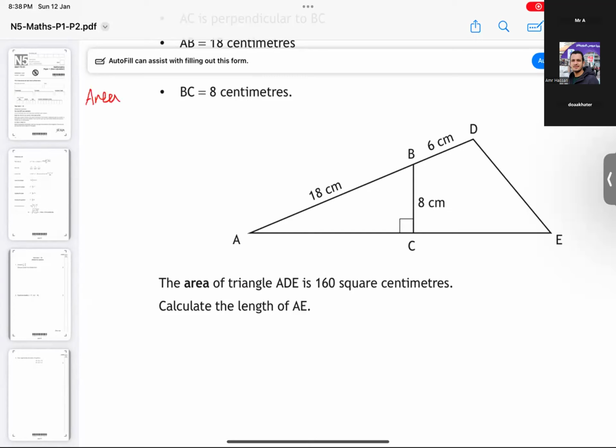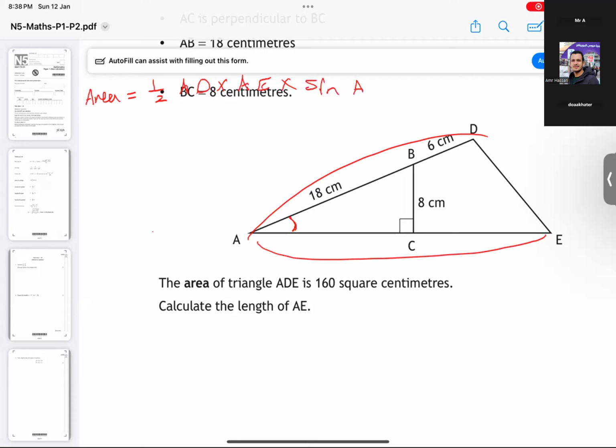The area equals half times AD times AE, I'm talking about the largest one, times the sine of the angle between them, sine A, right? Did you get it? But the point is, I don't know what sine A is, right?